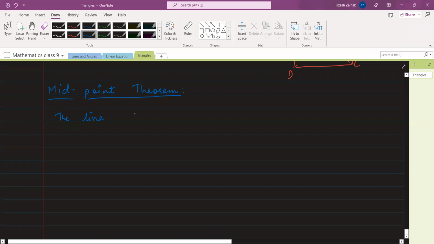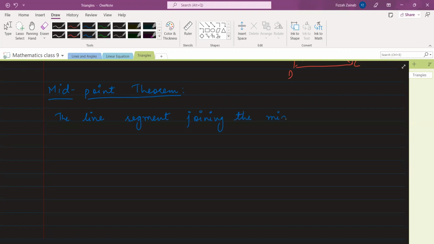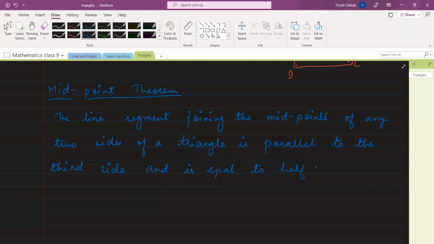So the line segment joining the midpoints of any two sides of a triangle is parallel to the third side and is equal to half of it. Please write this down, then we will understand its meaning.